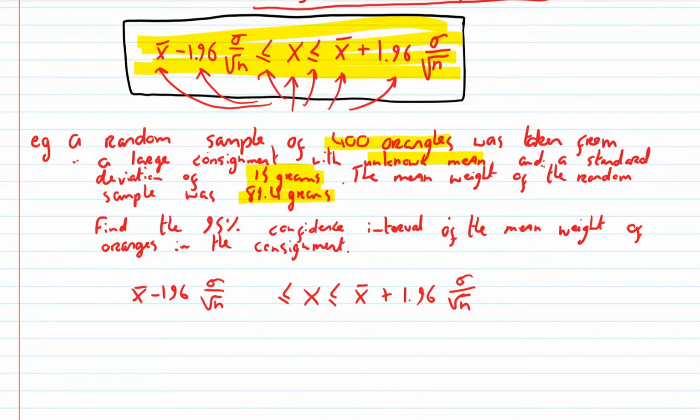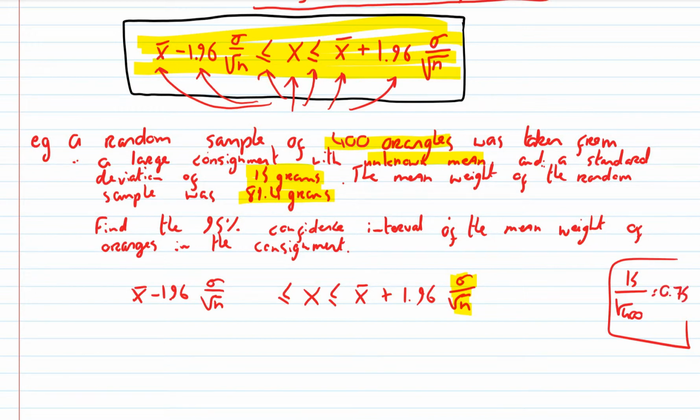First of all, I want to find out what this standard deviation over root n is, so I'm going to calculate it. We know that the standard deviation is 15. We know that root n is root 400. We type that into the calculator, we get 0.75.